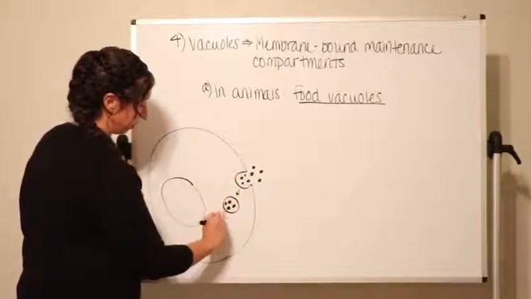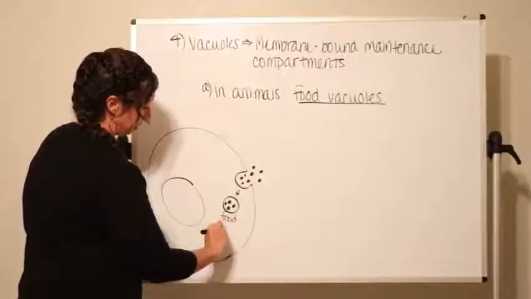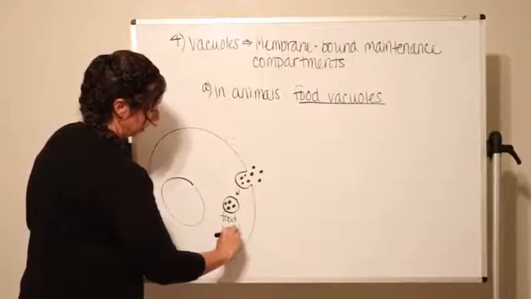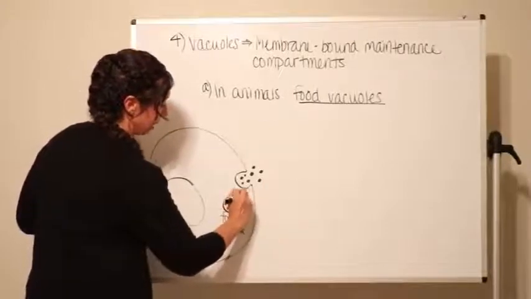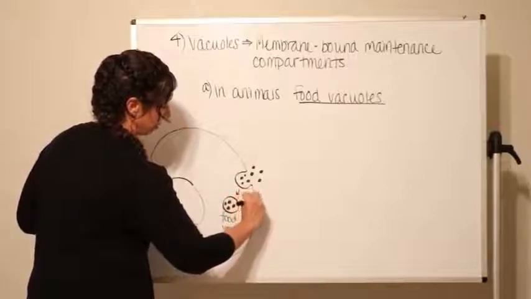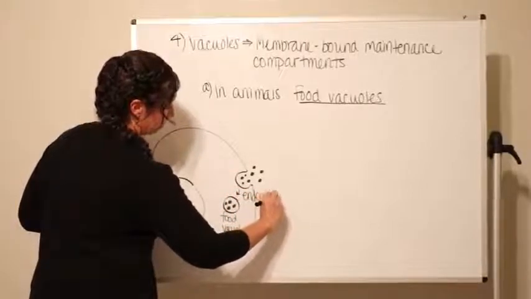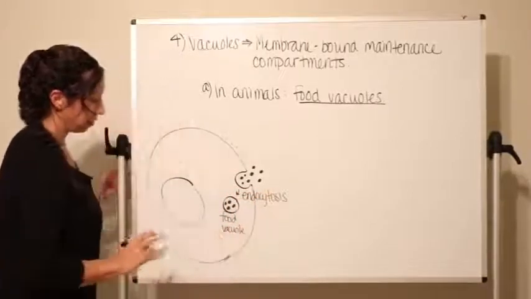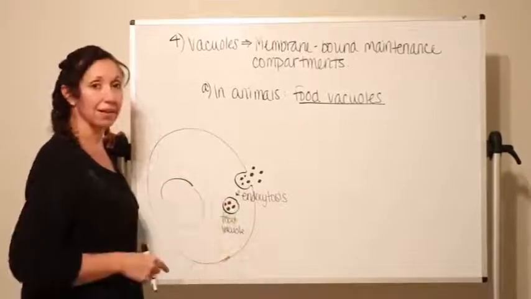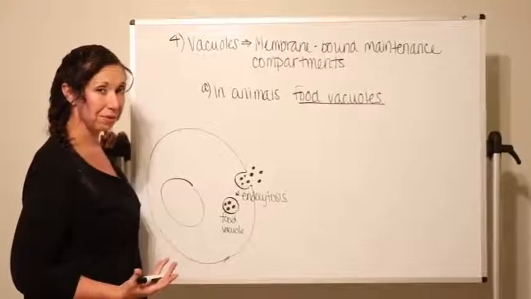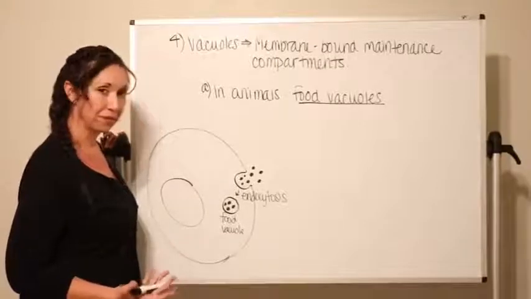So this would be my food vacuole. This process of taking something into the cell is called endocytosis. So this happens in animal cells. Now, this looks a lot like a transport vesicle, but it's not. It's actually a food vacuole.